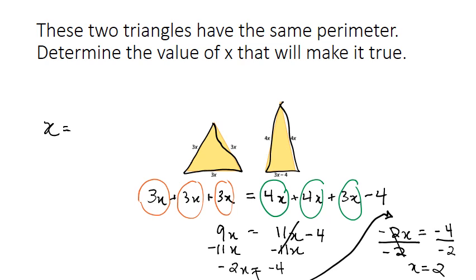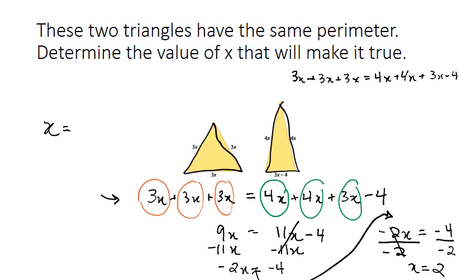Now my task is to check this. Is this true? If I put x equals 2 into this original equation, does it work? So is 3 times x plus 3 times x plus 3 times x equal to 4 times x plus 4 times x plus 3x minus 4?